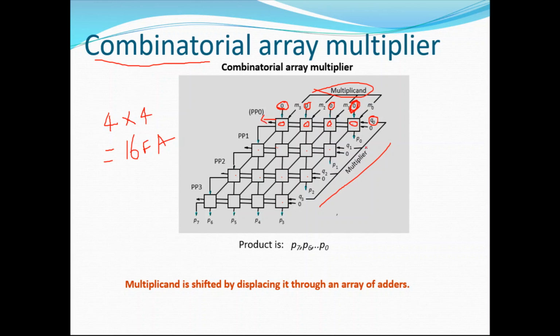Then Q1 will be multiplied with M0, and that will be added with the previous partial product. There is one shifting done here. In this level there is no full adder for the first position, so it is added with the corresponding bit of the partial product.